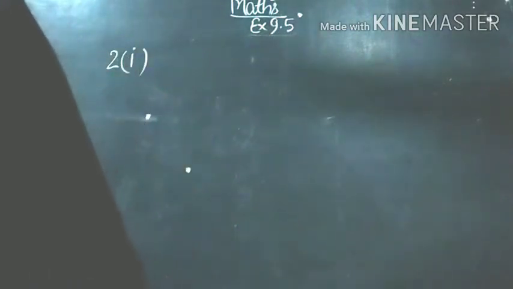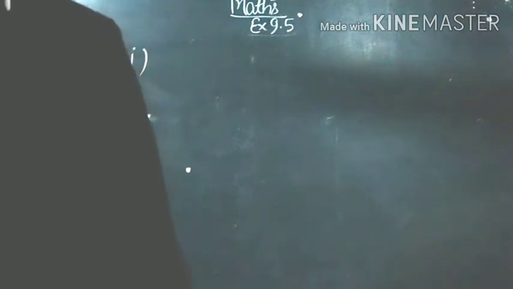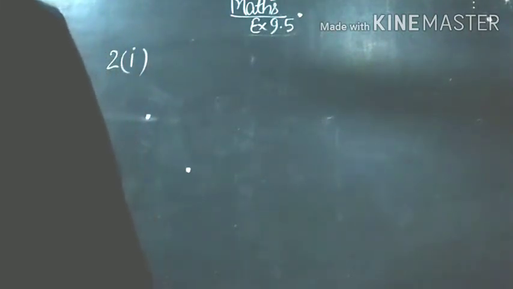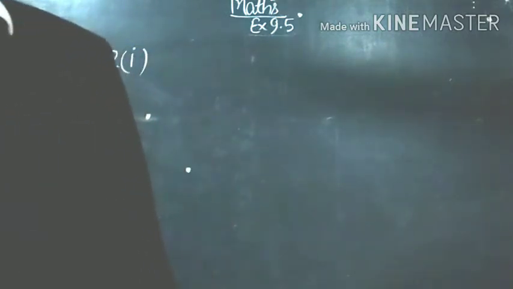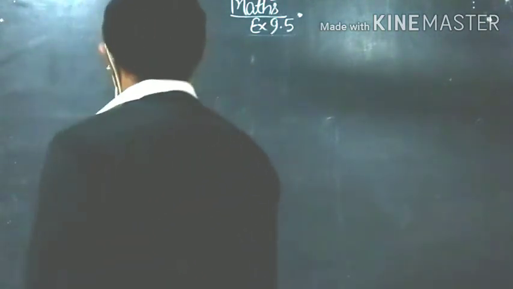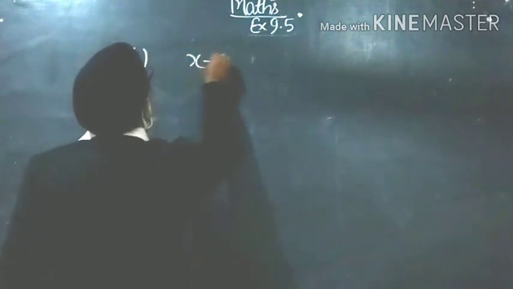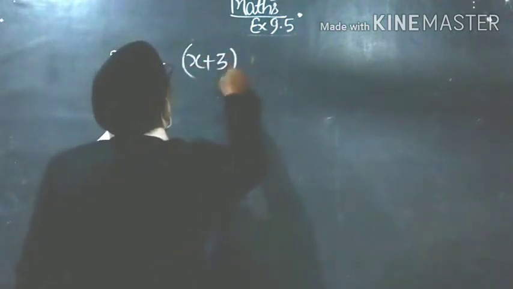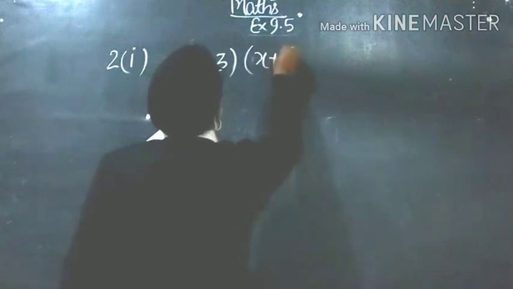Your question number 2 is: use the identity (x plus a) into (x plus b) is equal to x square plus (a plus b) x plus ab to find the following product. Means in this question you use the identity (x plus a) into (x plus b). Your first part is (x plus 3) into (x plus 7).